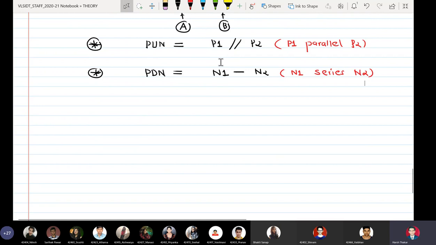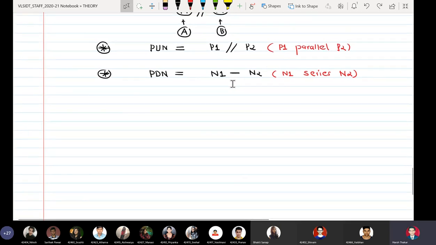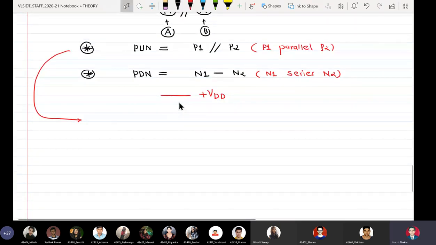This particular pull-up network is realized like this. See how to draw the pull-up network. P1 parallel P2.